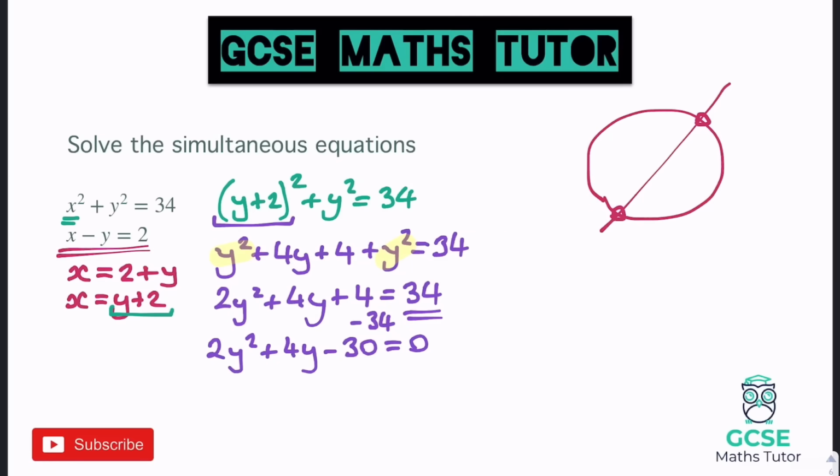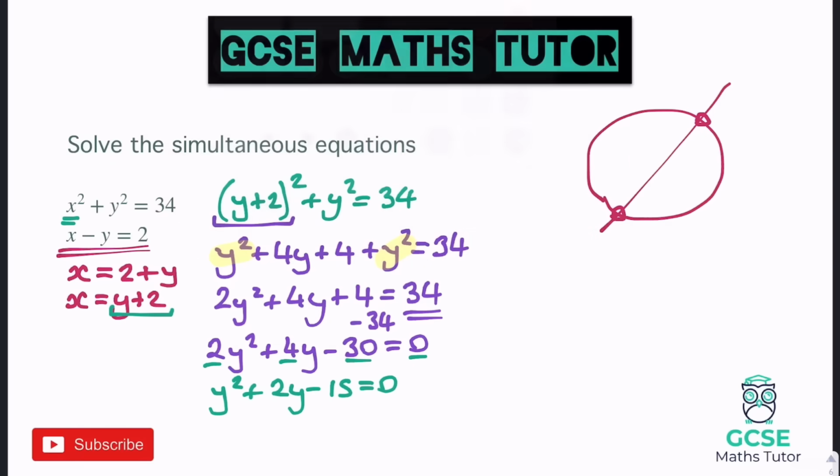So we can actually go about solving this now. If we've got a calculator, we could potentially use the quadratic formula, or we could factorise it from here. But if you notice that all these numbers divide by something, we can simplify it down, because we can divide both sides by anything as the right hand side is just 0, it doesn't change it. So if we divide everything by 2, we get y squared plus 2y minus 15 equals 0, and it potentially makes it a little bit easier to factorise.